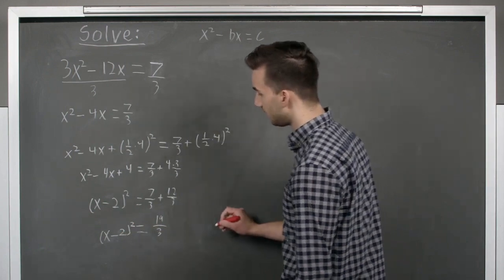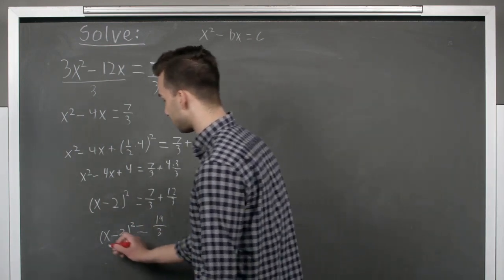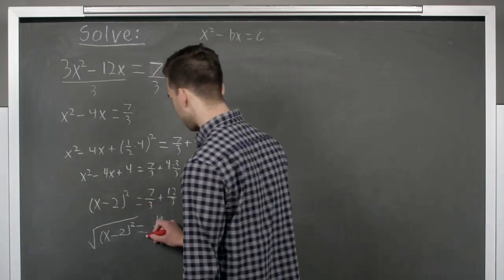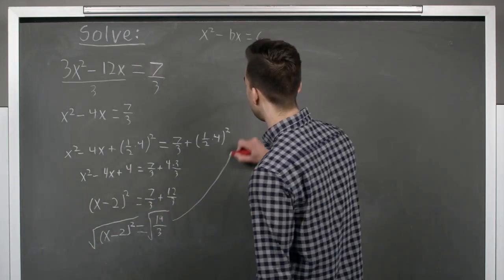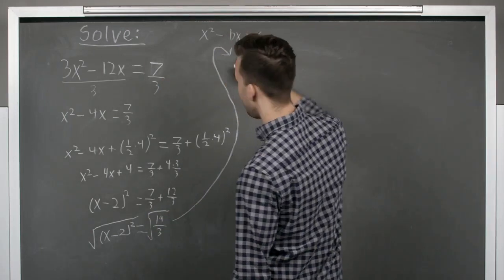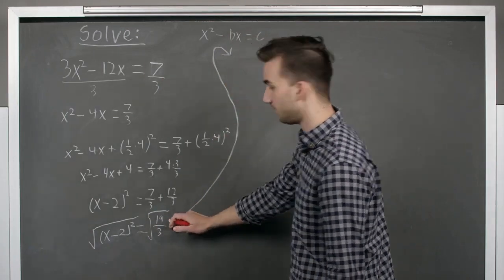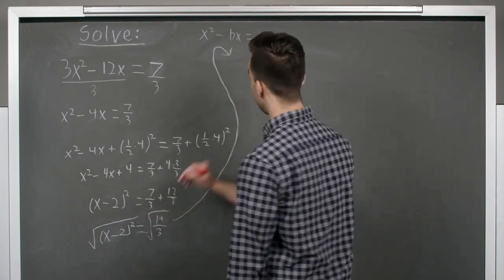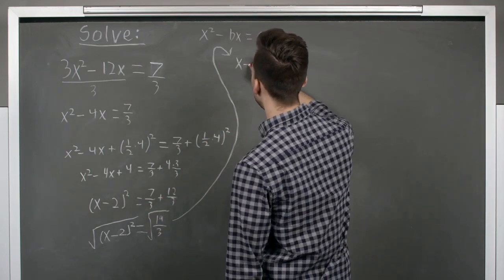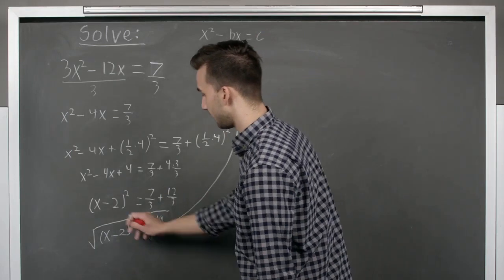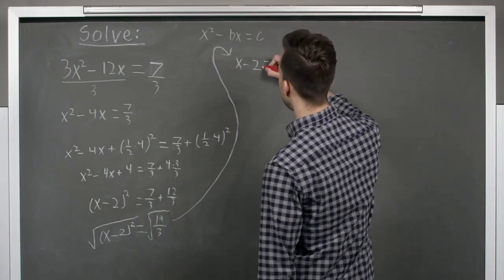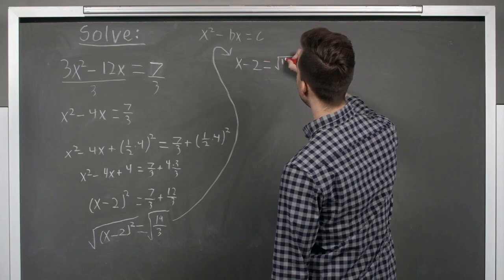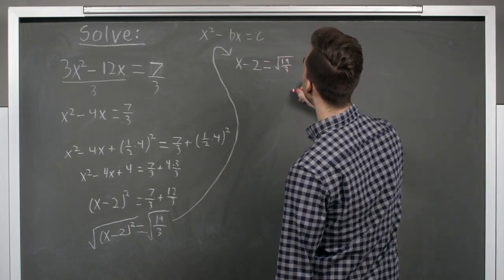19 over 3. Let's take the square root of both sides to get rid of this square here and solve for x. And once again, we can just leave this in square root form because it'll give us a nasty number. But we have x minus 2 here, right? The square and square root cancel. And then we have the square root of 19 divided by 3.